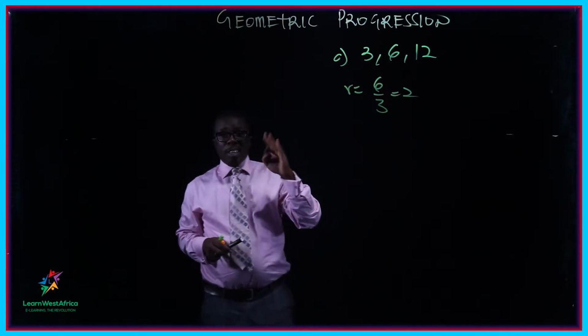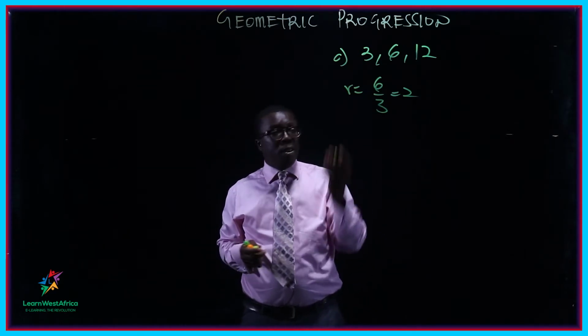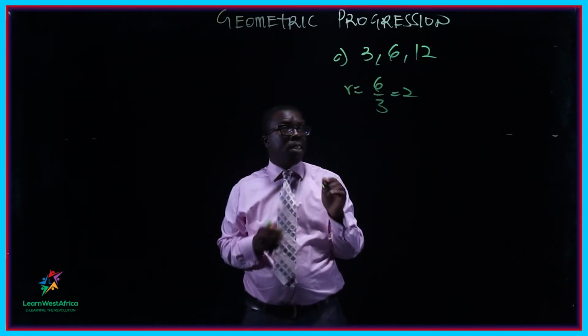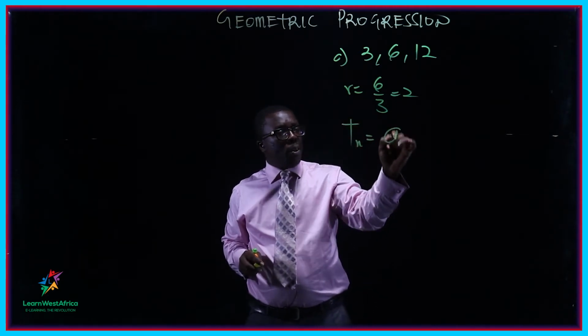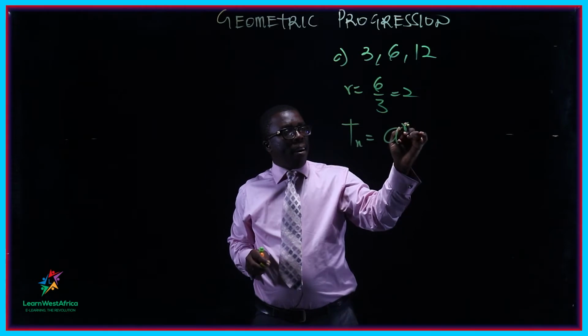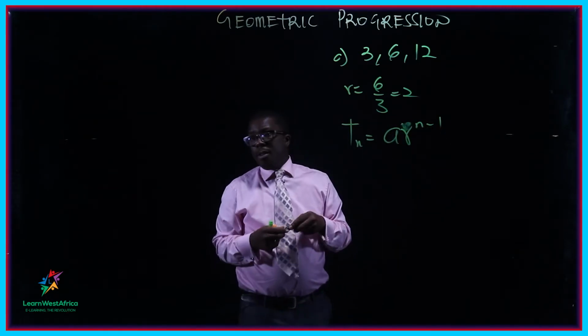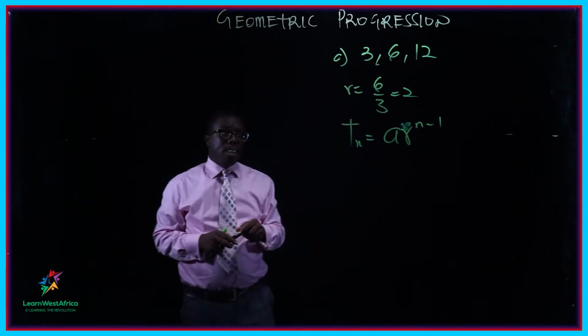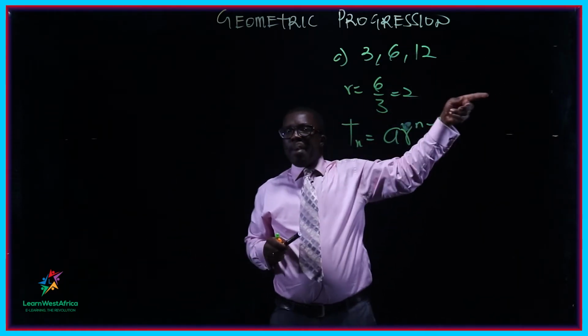As we were just shown in the introductory part of the geometric progression, the nth term of a geometric progression is always a times r to the power n minus 1, where n refers to the term that we are interested in. So when we want to find the next two terms, we just multiply by 2.